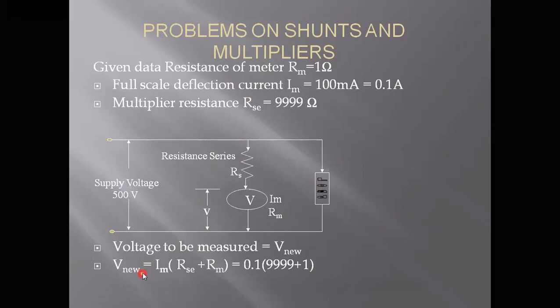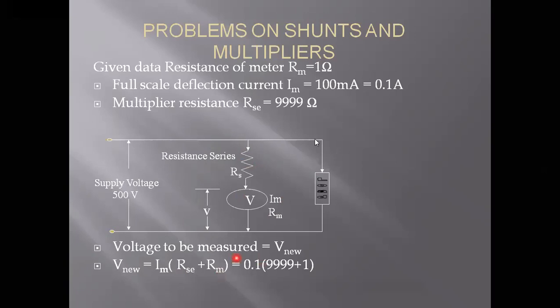So V value is the voltage from here to here. It is meter current into series resistance plus meter resistance. Im into RAC plus Rm.